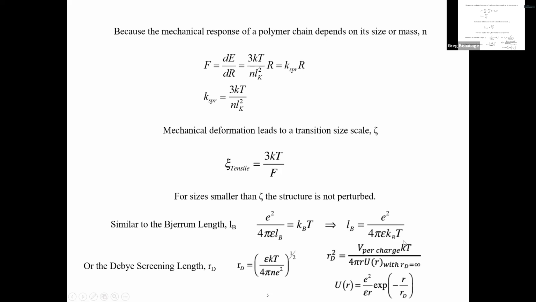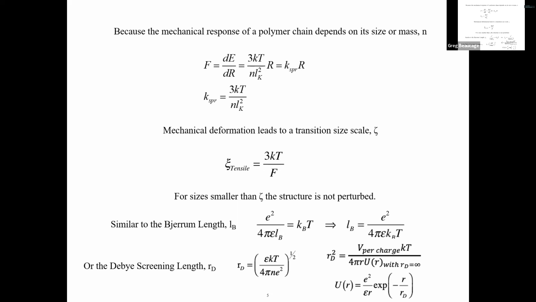Right, so they're opposite in temperature dependence. The same idea, you're balancing temperature for a random process with some kind of organizational process. The organization here is external, like you apply a force, the organization there is internal. So they're opposite in temperature dependence because this one's external and that one's internal. You apply a force externally, apply charges internally.